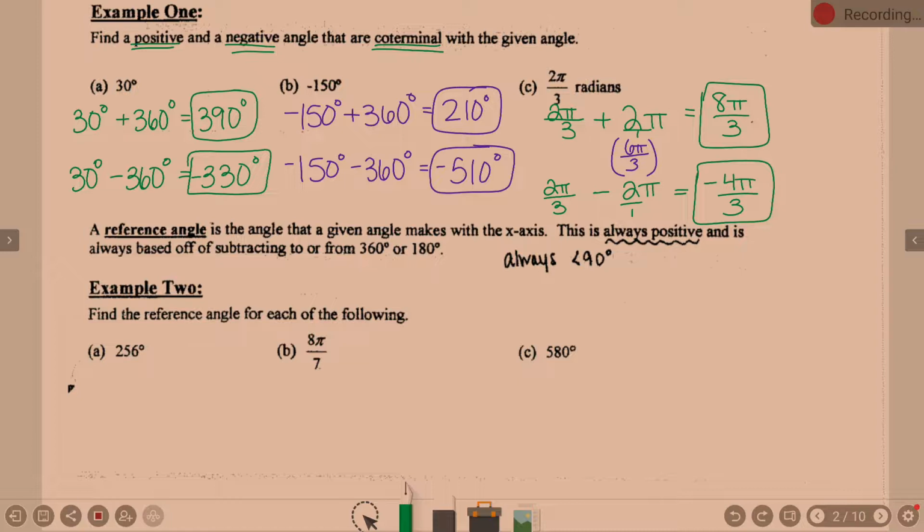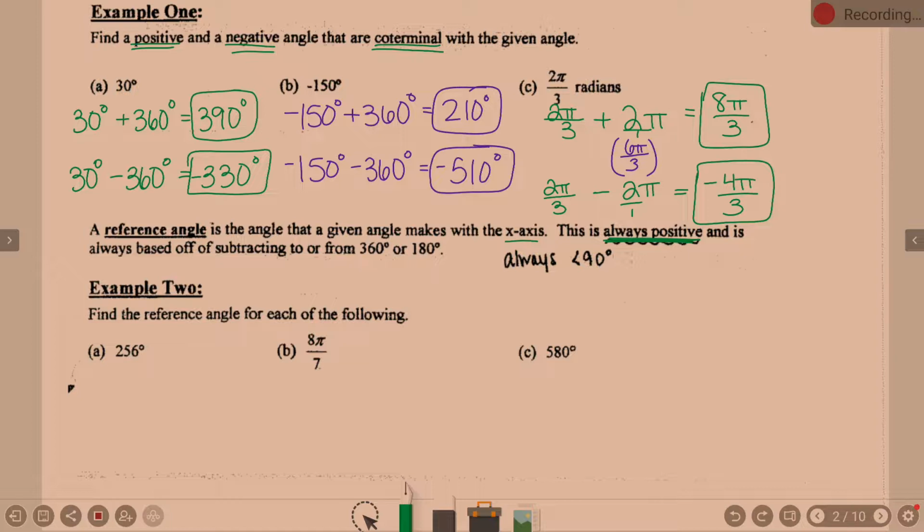A reference angle is the angle that a given angle makes with the x-axis. So basically how far an angle is off of the x-axis.